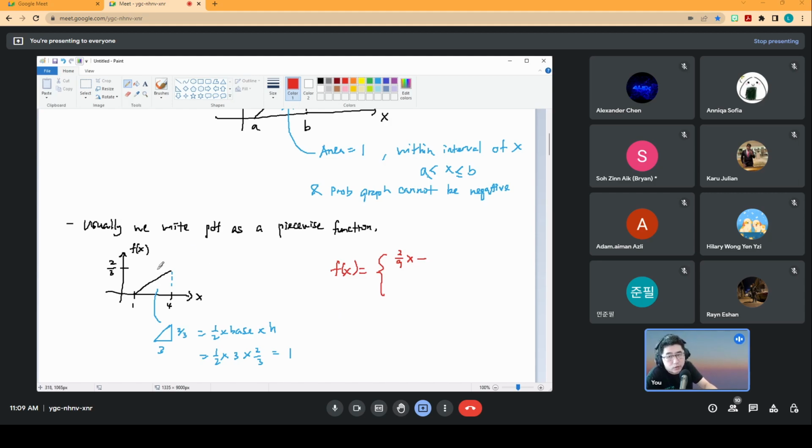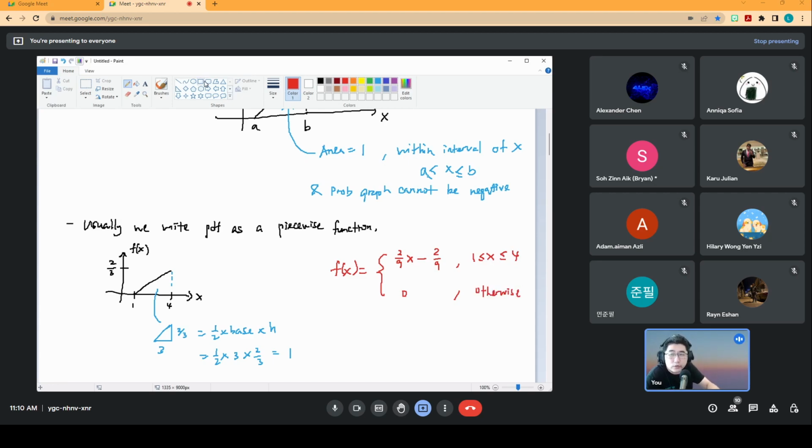I need the straight line equation form, y equals mx plus c. So this is 0, this is 2/9, this is 1, so the constant equals minus 2/9. So 2/9 x minus 2/9, for x between 1 and 4, and 0 otherwise.